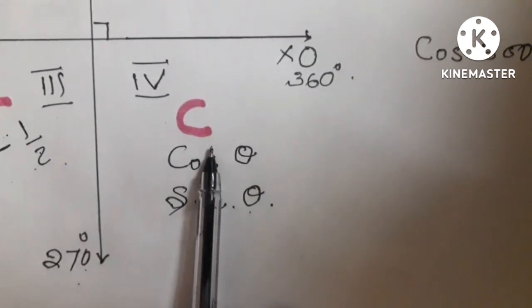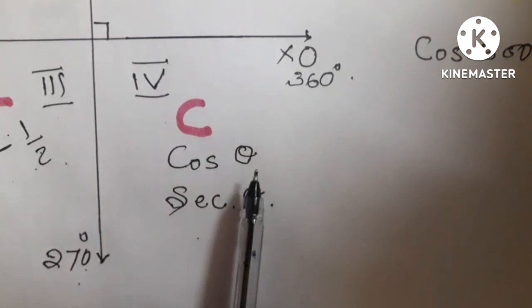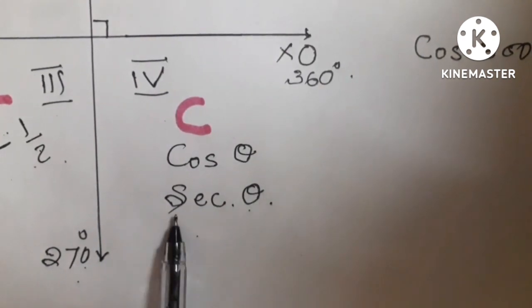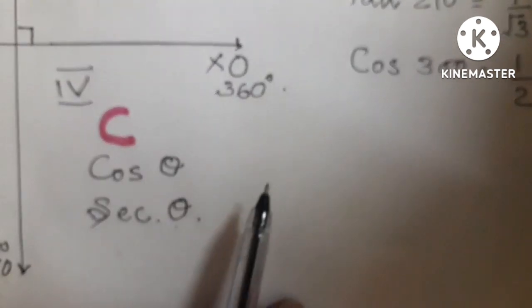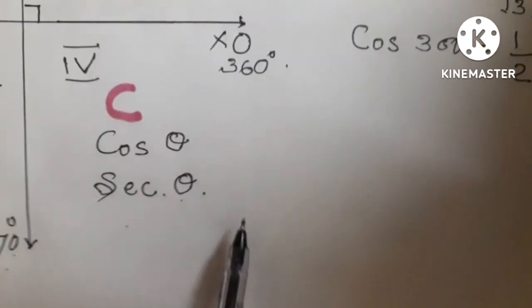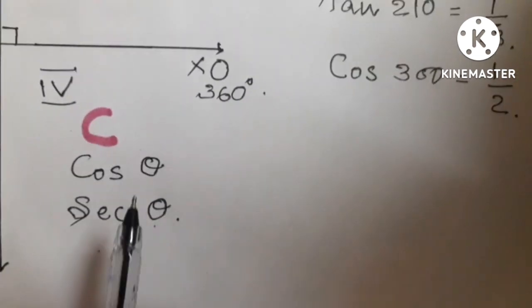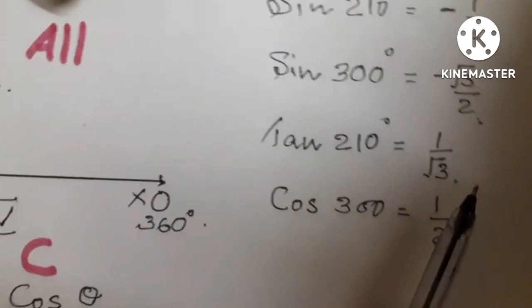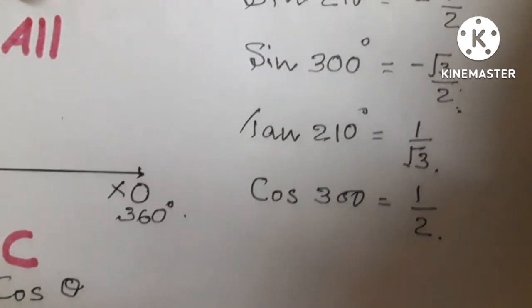In the fourth quadrant, only cos theta and sec theta are positive. For example, cos 300 is equal to 1 by 2, so it is positive. Now sine 300 is equal to minus root 3 by 2.